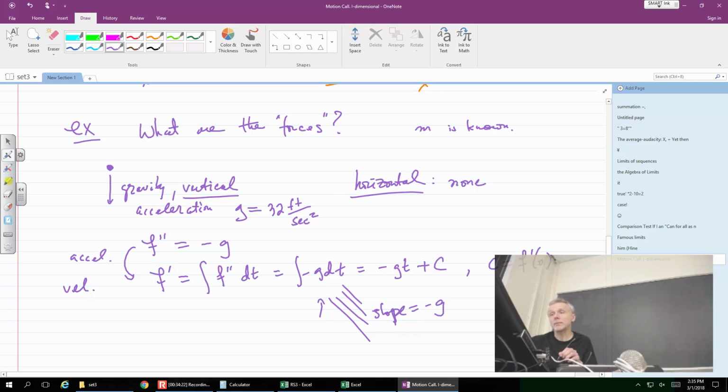So f prime of t is equal to negative gt plus c, which means that c is the value of that function at 0, and it is then justifiably called the initial velocity. Initial meaning that at time t equals 0, even though it doesn't have to start at time t equals 0. Your motion might start at a different moment of time, but that's fine. Just as well, could be 0. So that's the meaning of c.